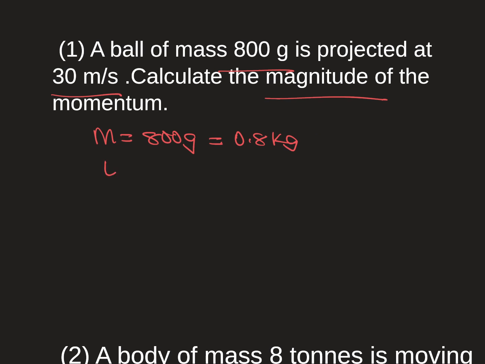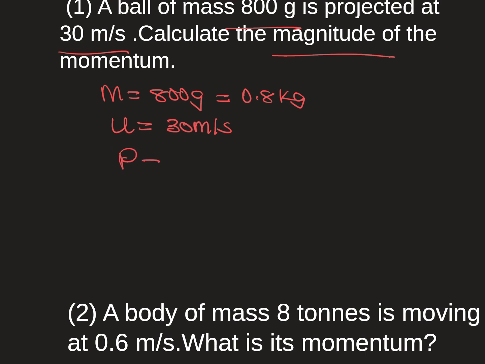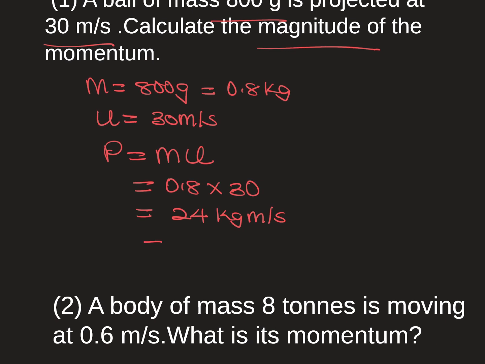And the velocity that it is moving at is 30 meters per second. So momentum is mass times the velocity. So momentum will be the mass 0.8 multiplied by the velocity 30. So 0.8 multiplied by 30, you have 24 kilograms meters per second, or if you want, you can say 24 Newton seconds. Okay, those will be the units.